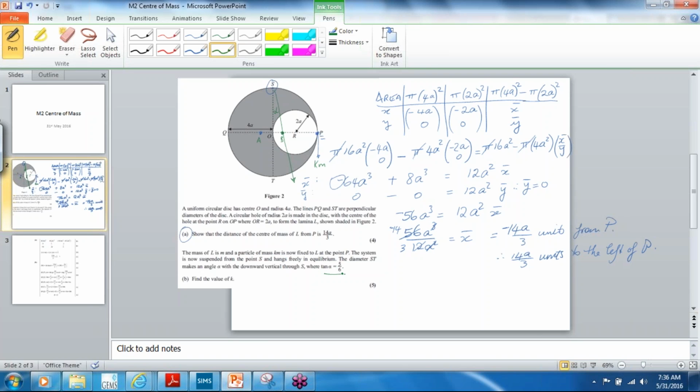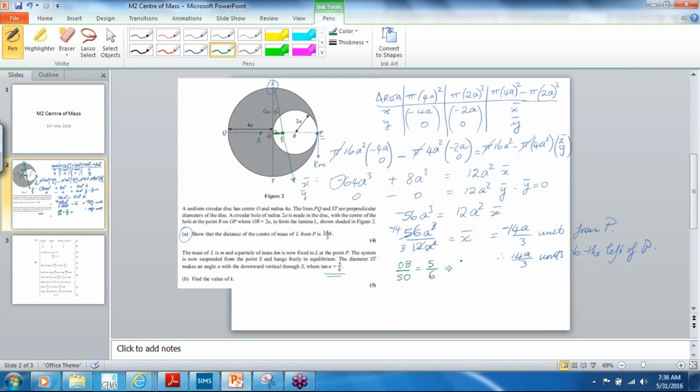Now because tan of alpha is 5 over 6, opposite over adjacent is 5 over 6. So the ratio of OB with the ratio of SO is 5 over 6. Now SO is 4A because that's the radius.